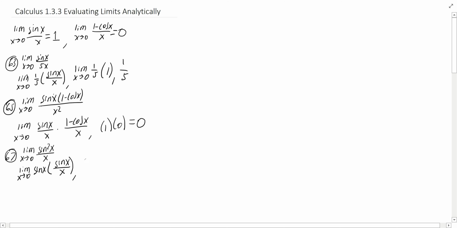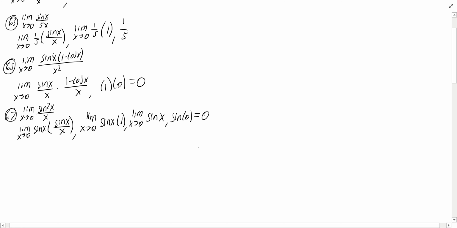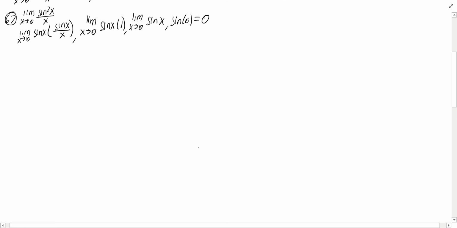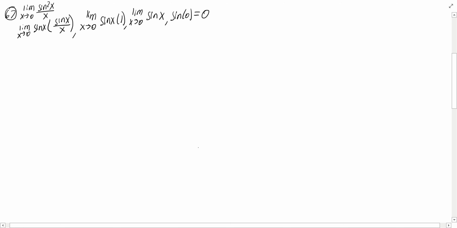This becomes the limit as x goes to 0 of sine of x times 1, which is just the limit as x goes to 0 of sine of x. And as x goes to 0, sine x goes to 0, so we end up with a value of 0 once again. As you can see, in all of these problems, we're using these basic, fundamental, special trigonometric limits.